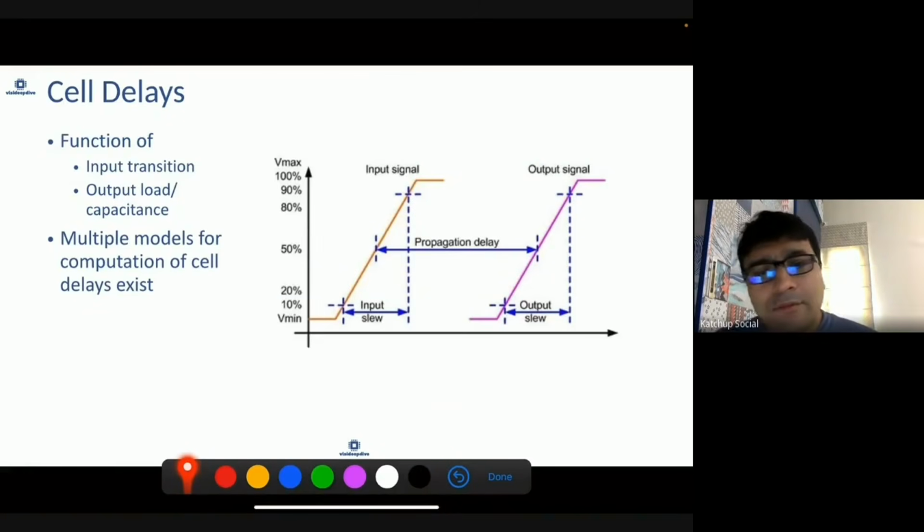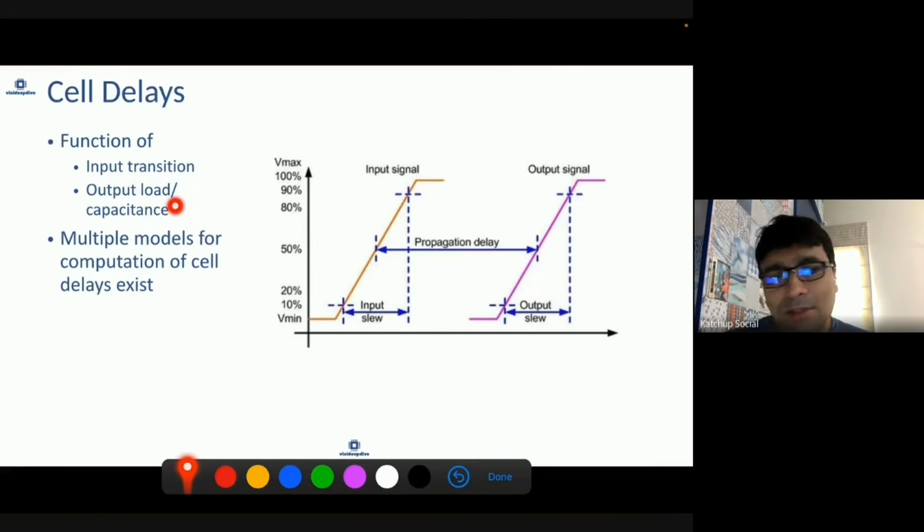So when the cells are present, as we saw, there are cell arcs which are present, and the cell arcs will have delays. Typically, how the delay is calculated is a function of what is the transition or slew on the input, and what is the output load and capacitance.